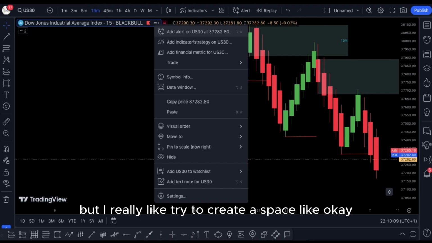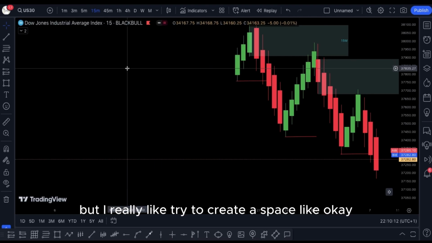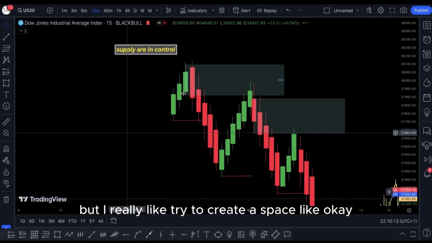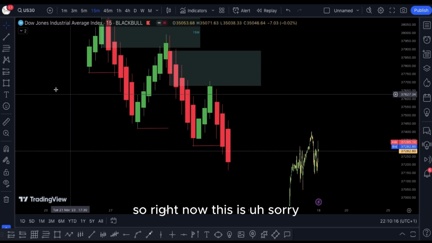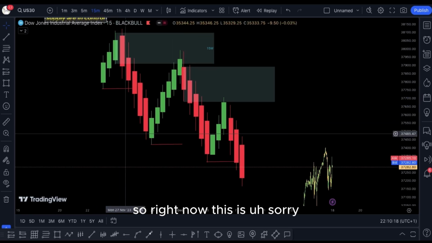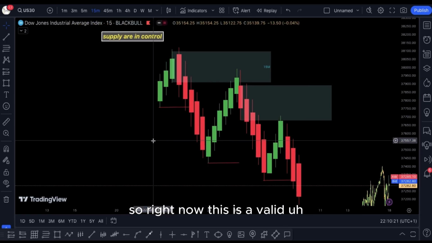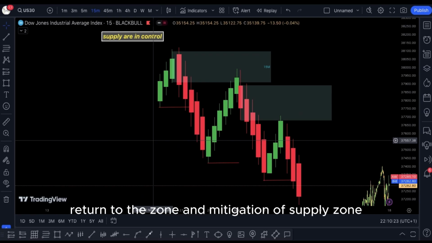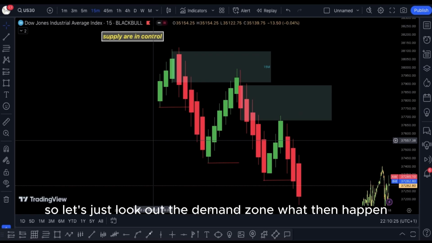But right now, this is a valid return to the zone and mitigation of the supply zone. So let's just look at the demand zone.